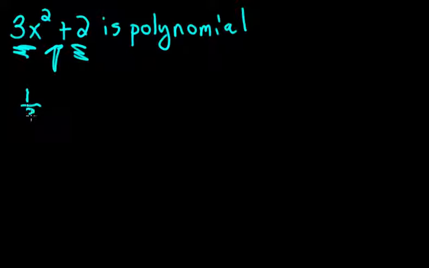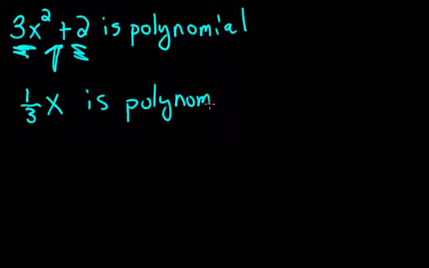One third x is a polynomial. Because we have a number times a variable, which makes up a term and that fits our definition of polynomial.